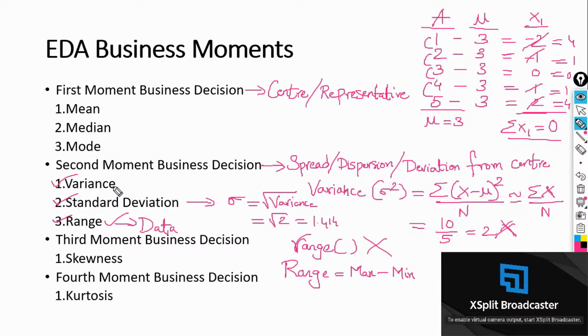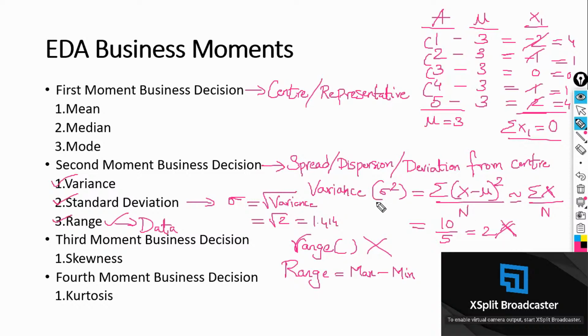Variance is represented using sigma square, and this is the formula. Summation of x minus mu whole square. Mu is representing the center value. Whatever we have discussed, we are keeping it in a formula. Spread from the center. So summation of x minus mu whole square by n.